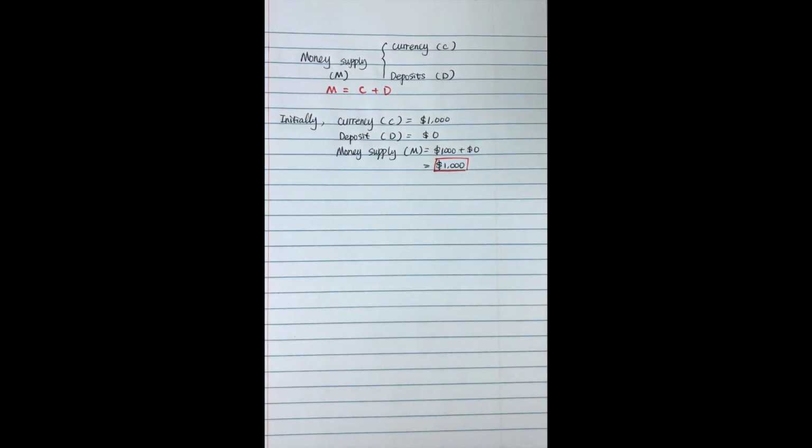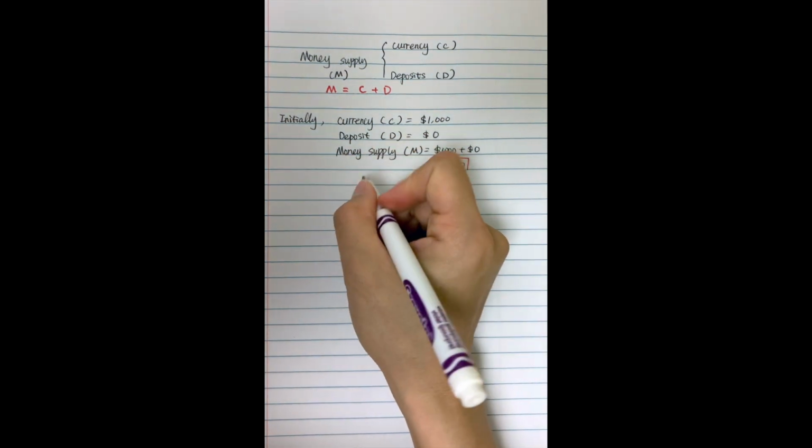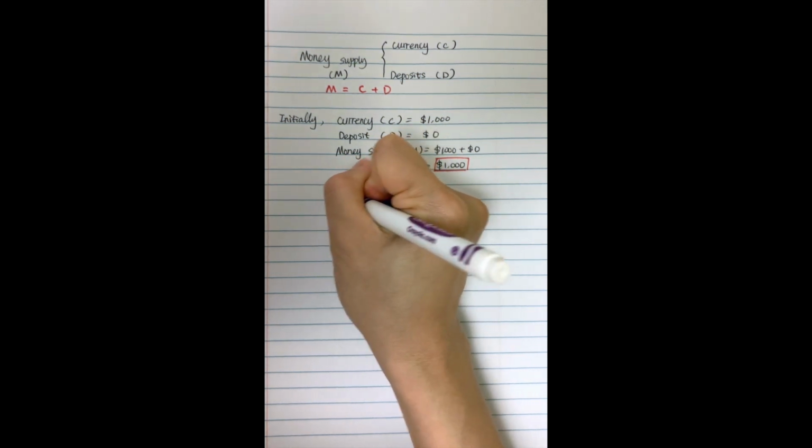Then this person decided to put all the currency into the bank, okay? If the person decides to put all the money into the bank, then what will happen? We can use the simple T account or balance sheet to help us do the analysis, okay? So we assume there is a bank balance sheet.